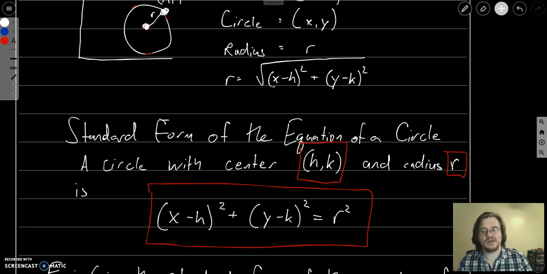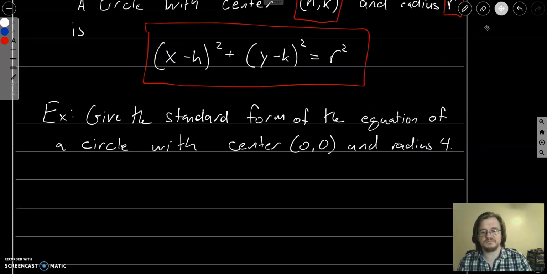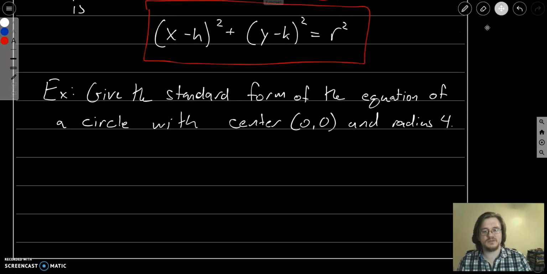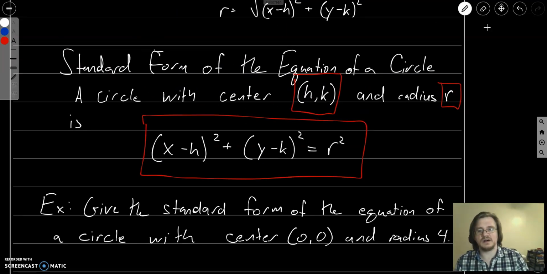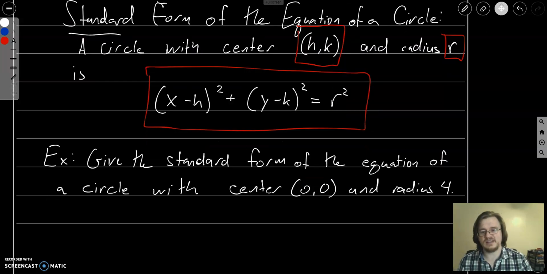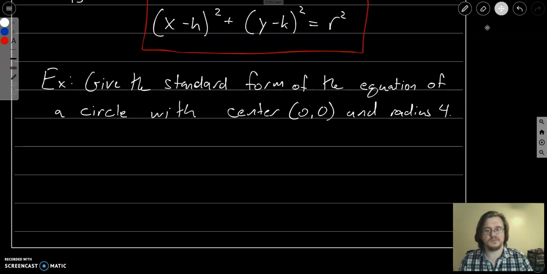So let's write down a couple of examples here. Let's give the standard form of the equation for a circle with center 0, 0, and radius 4. By the way, this is called the standard form of a circle. We'll see one other equation that gives a circle as well.